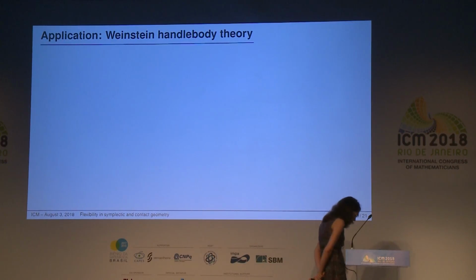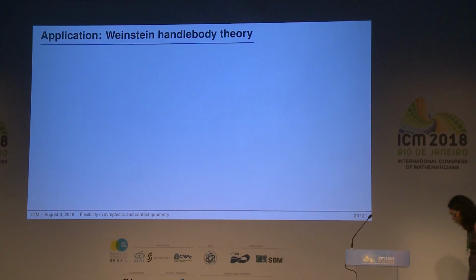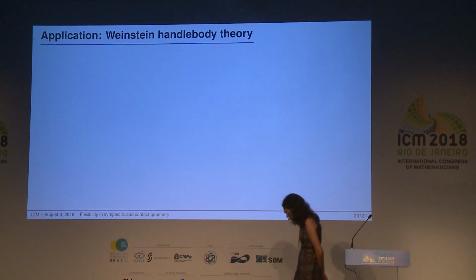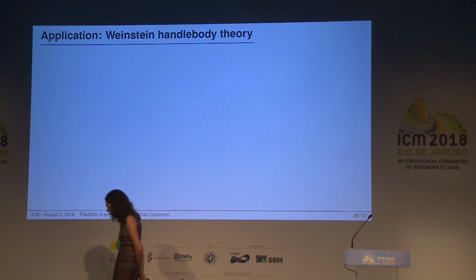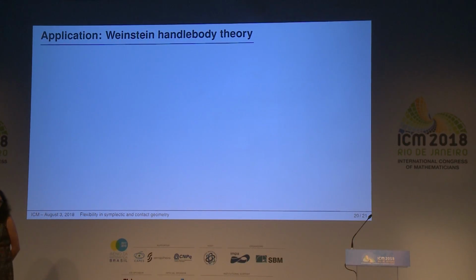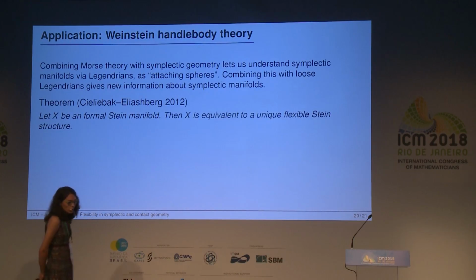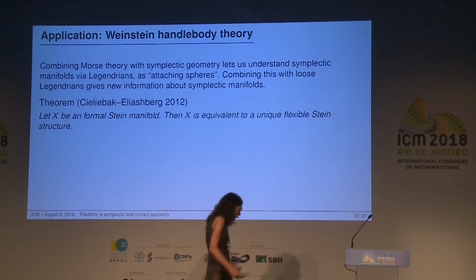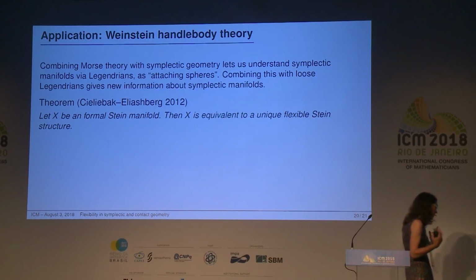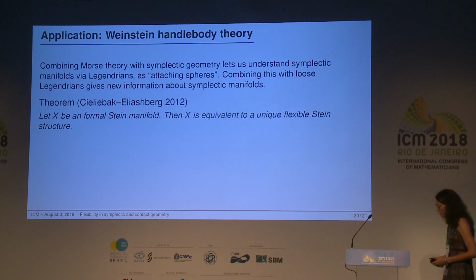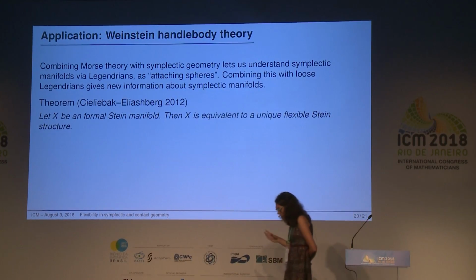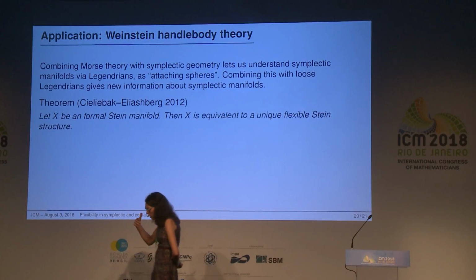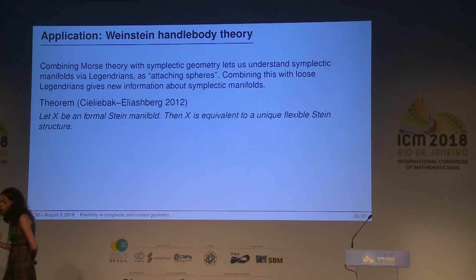All right. So now there's just one more application I wanted to discuss of these loose Legendrians, and this is to Weinstein handlebody theory. If I combine symplectic geometry and classical Morse theory, this gives me a powerful way to understand symplectic manifolds, similar to the way that we understand smooth manifolds via Morse theory.